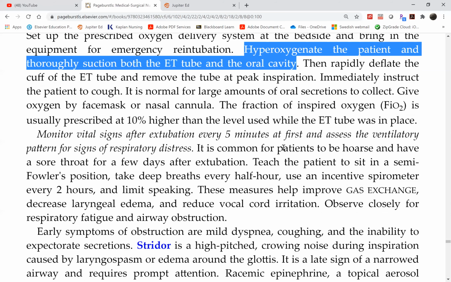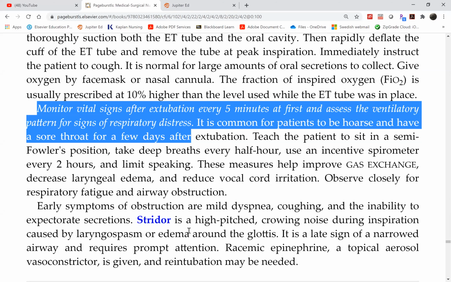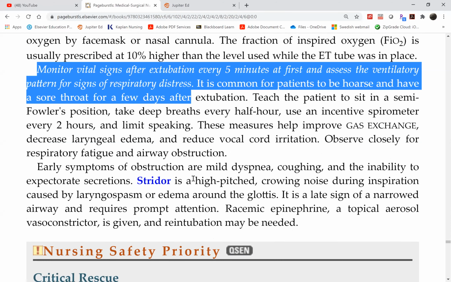They have to be on oxygen by nasal cannula for a while, and then you monitor for signs of complications, let's say stridor, for instance. That means the patient may need to be intubated again. Hopefully it doesn't happen. Those are rare, but may happen.